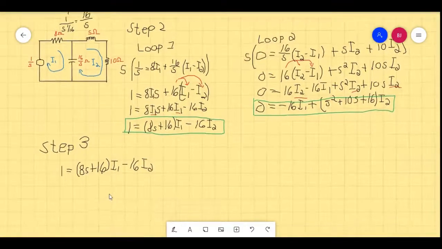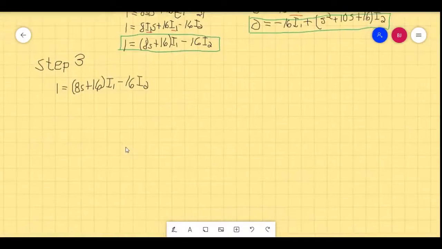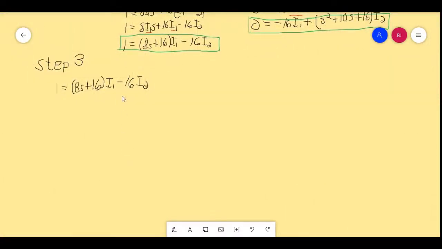Okay. Let's move this a bit at the top. So we want to leave I1, so I'll have to transpose 16 I2 on the other side. So this one here. Let's move it on the other side with 1.